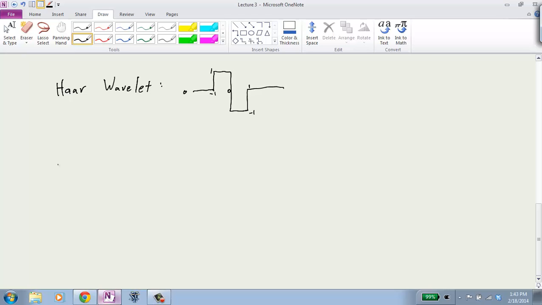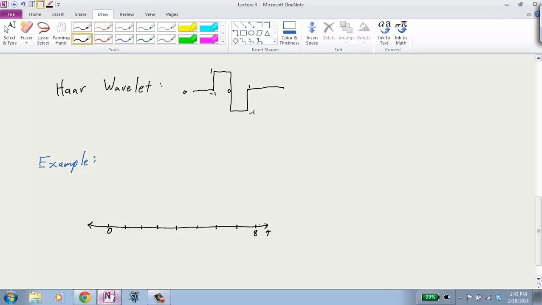Let's say here's your signal. I worked out an example, so I better use it exactly. Here's t. This example goes from t equals 0 to 8.